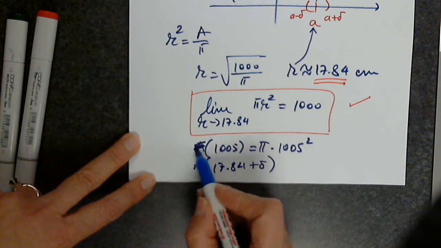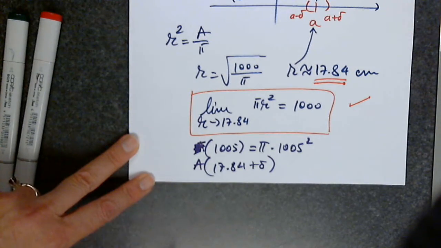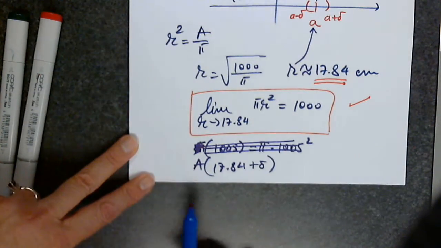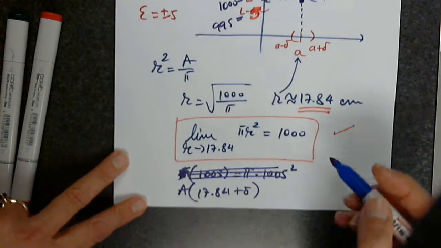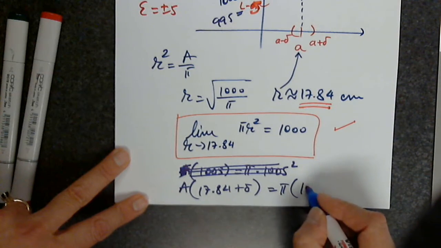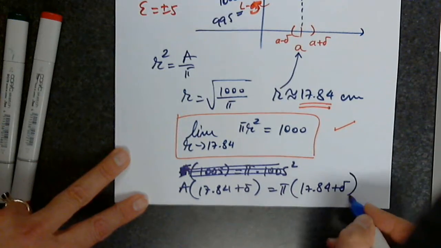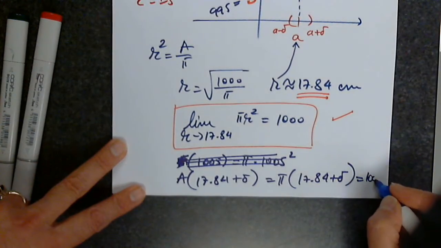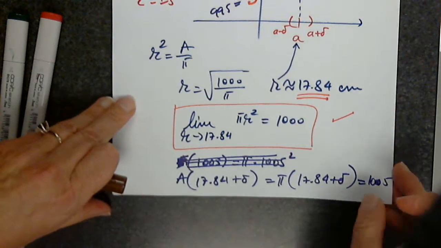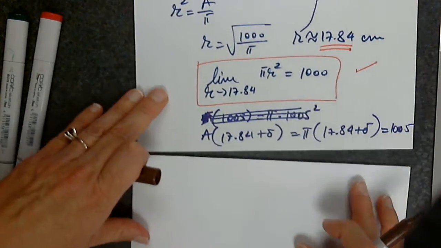Oh, this is not the area, but it's 1,005. That's wrong. So the area at 17.84 will equal pi times 17.84 plus delta, which has to equal 1,005. Not your fault, I wasn't writing it correctly. Good. So let's see what we get.